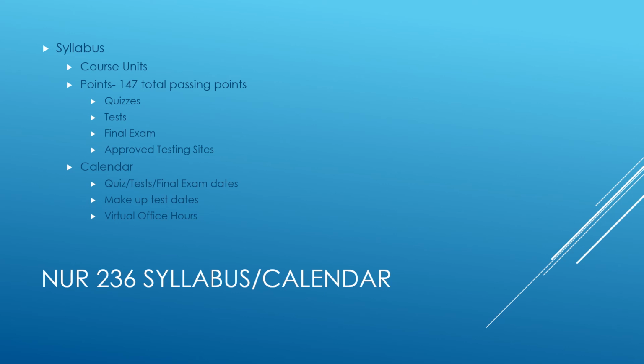If you need to test at an alternate testing site other than your campus testing centers, I need to know that. And I need to know that now or as soon as possible, because I've got to be sure to work it out with them and make sure that's all approved. They're approved testing sites, but I need to make sure they're currently okay to do it because things change from year to year.